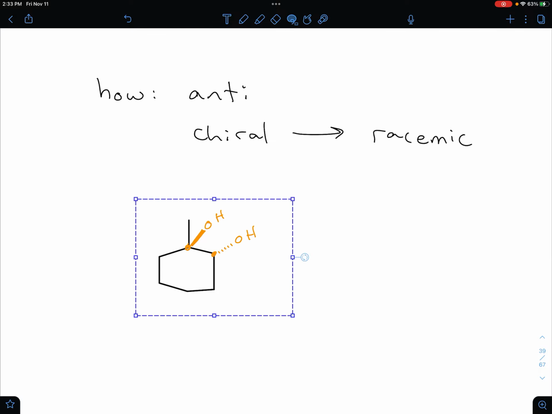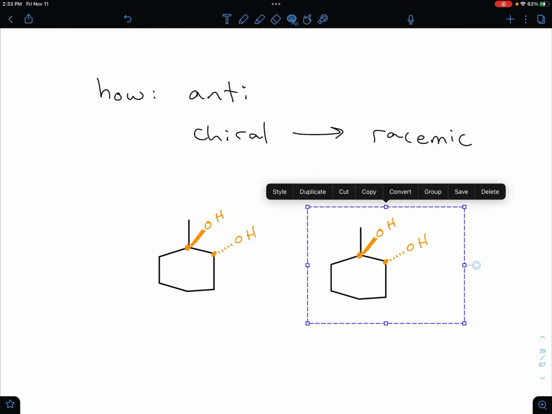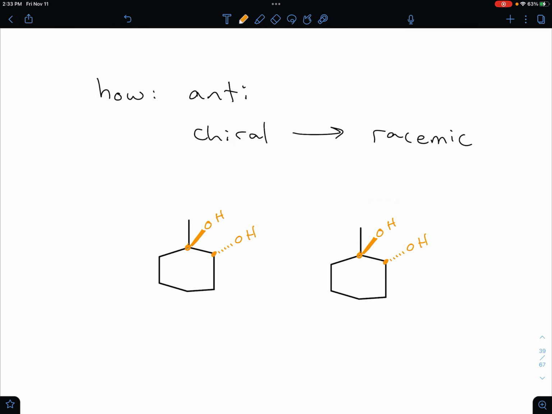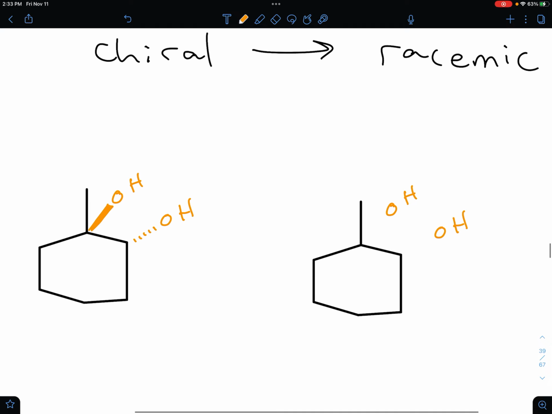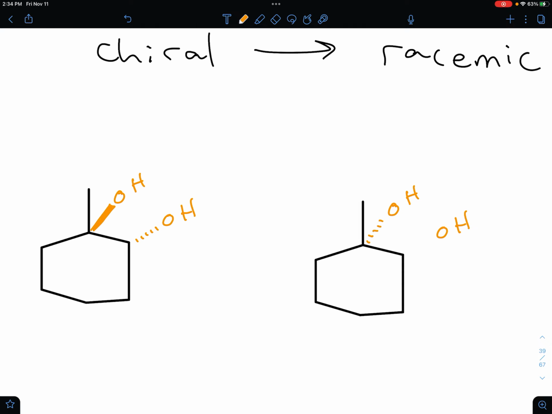But we have chiral centers here, and so we'll get a 50-50 mixture of the two enantiomers. So in the other enantiomer, that left OH would be going away, and the right OH would be coming out at you.